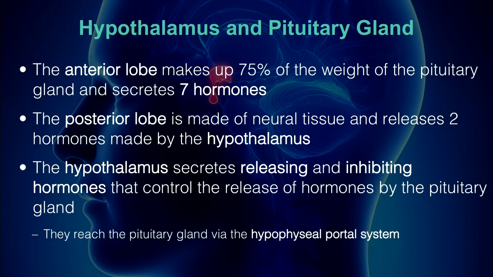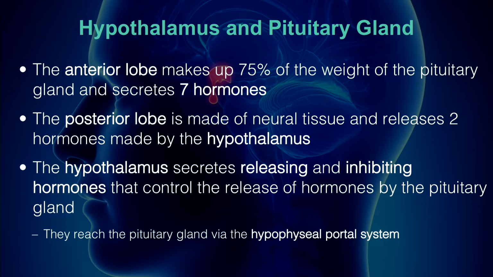So the hypothalamus does have some direct nervous input, but it also is responsible for itself releasing hormones. And we call these, they're still hormones, but we call them inhibiting hormones or releasing hormones for the actions they have at the pituitary. And they are focused.